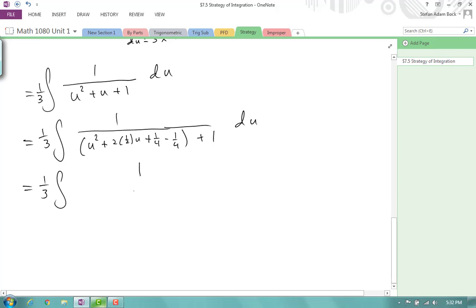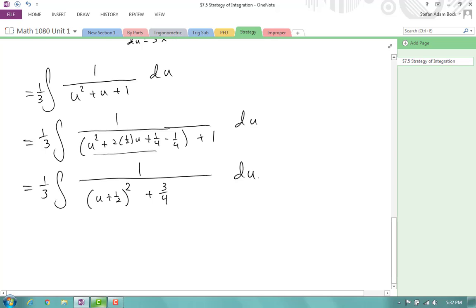I have 1 over, so this part turns into u plus 1/2 quantity squared, and then I have a minus 1/4 plus 1, so this is a plus 3 over 4 du. Now this looks a lot more like an arctangent problem.